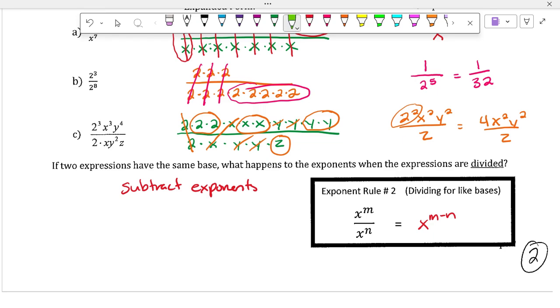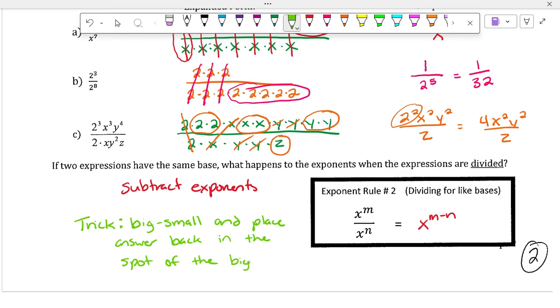Now, a little trick that I like to do, just so I know automatically where it will go and I don't have to mess around with negative exponents, which you guys should know about from last year, but just so you don't really have to deal with them, I always do big minus small, and I place whatever my answer is back in the spot of the big.